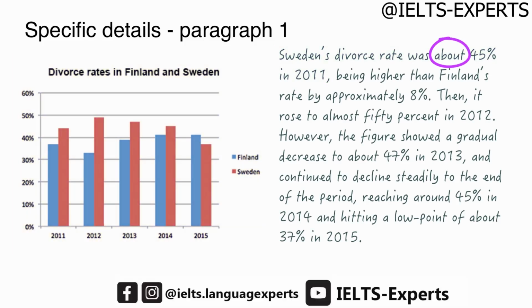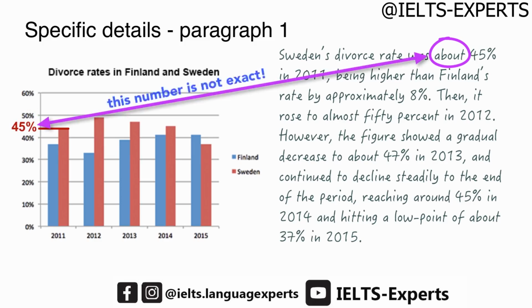Look at the bar chart. We can see that Sweden's divorce rate was somewhere between 40% and 50%. But since the rate falls between the lines, we cannot see the exact number. So I picked 45% and used the word about to indicate that this number is not exact.